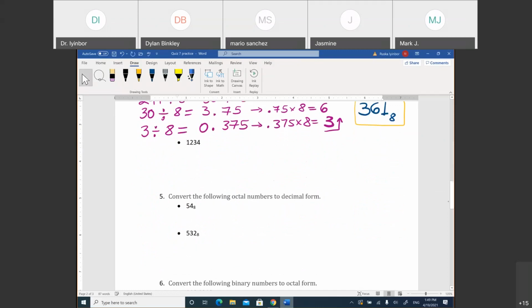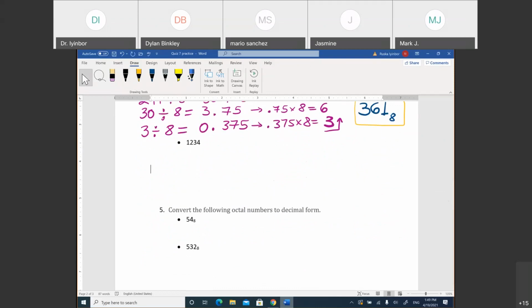Okay, and one more. Let's do this: 1234. So we're going to continue dividing by 8. So we have 1234 divided by 8.